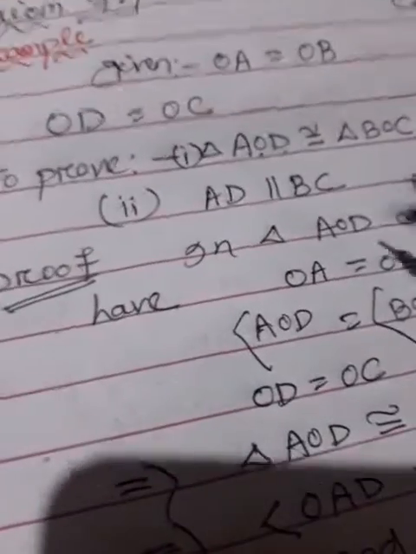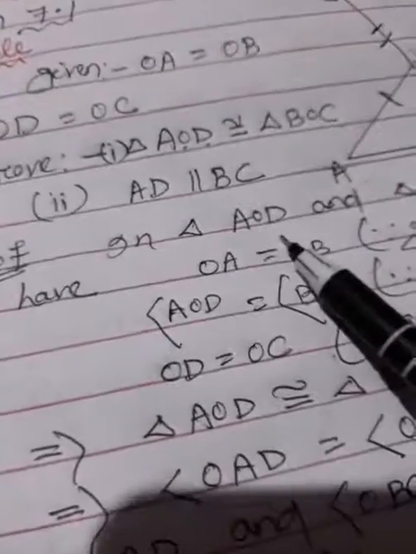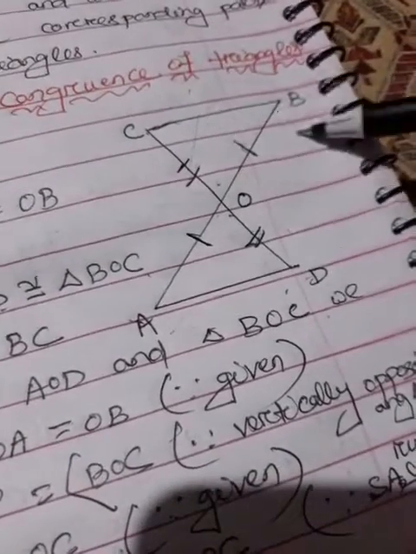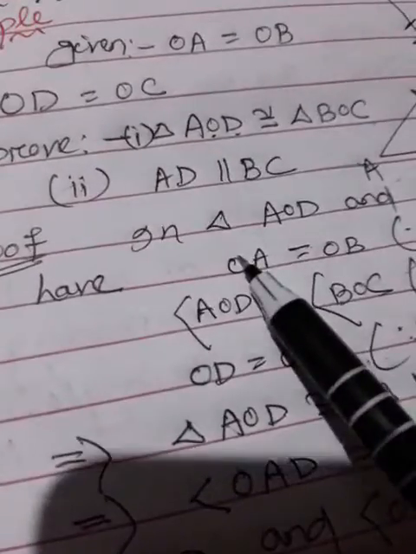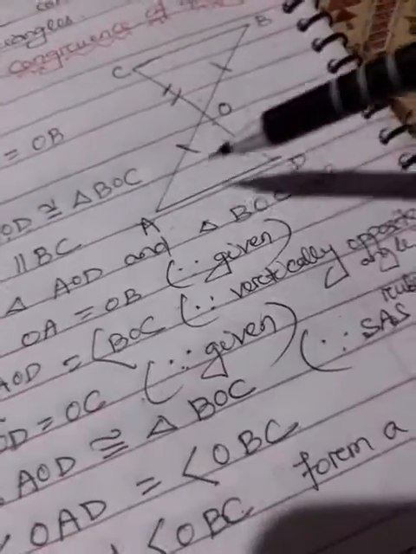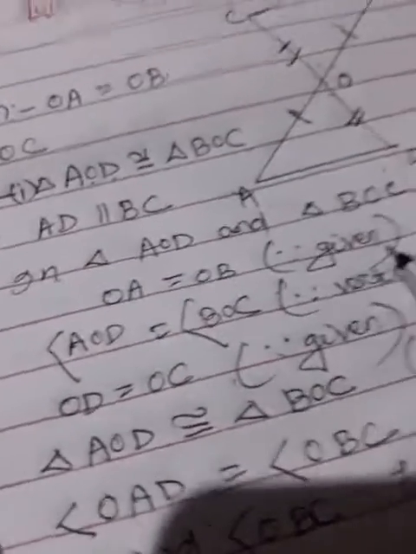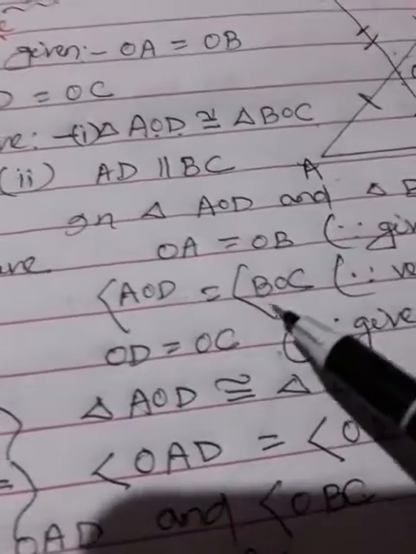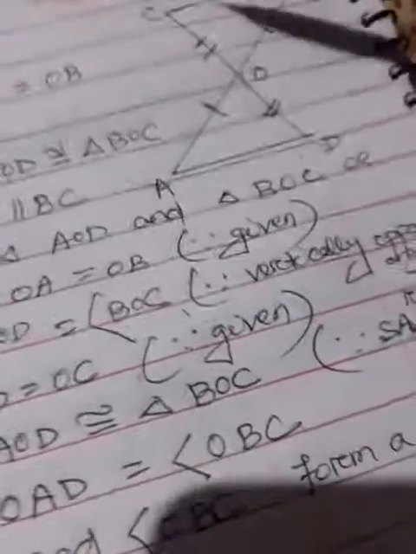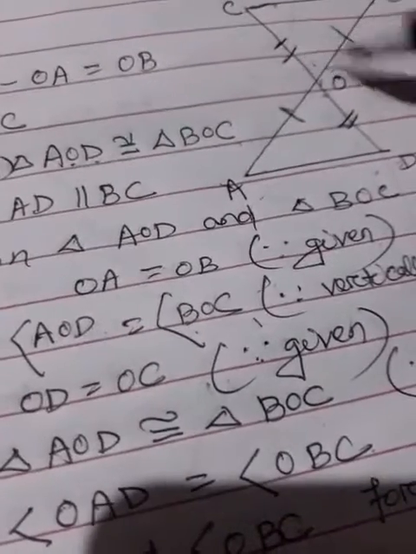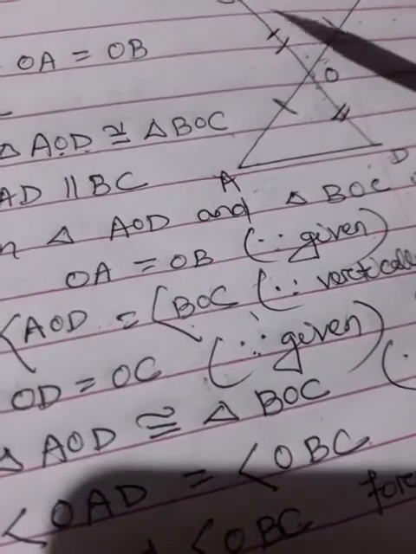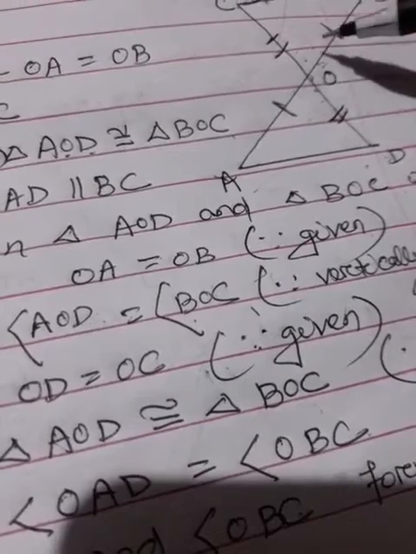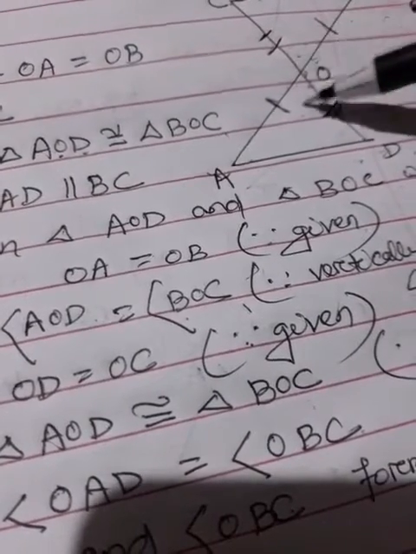Proof. In triangle AOD and BOC, we have OA is equal to OB given, angle AOD is equal to angle BOC because vertically opposite angles. We know that if two lines intersect each other, then the vertically opposite angles are equal.